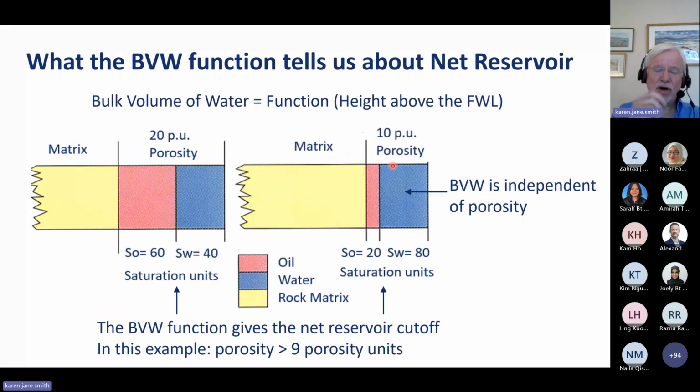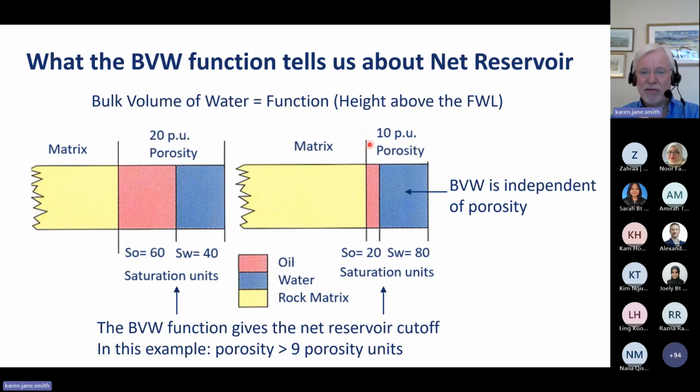Now, what does the BVW function tell us about net reservoir? It tells us that there's something very interesting. At a certain height or depth in the reservoir, say here, these two pieces of rock are in different parts of the reservoir, but at the same height above the free water level. On the left, the rock is averaging 20 porosity units, and on the right, it's averaging 10 porosity units.